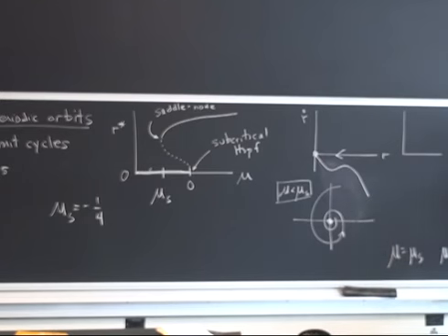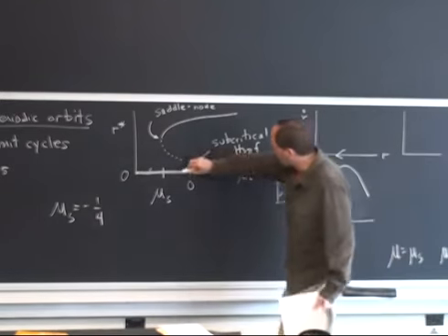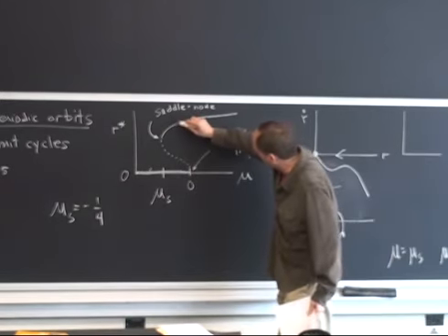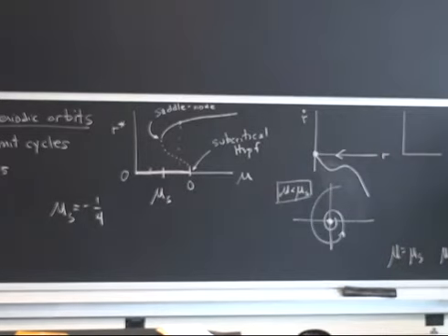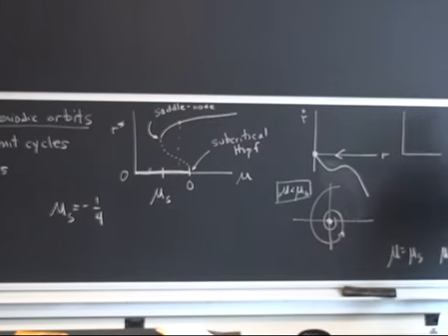The reason for that is I want to have this stable cycle existing up here, in this region. So in this region, where mu is between mu s and 0, we have a big stable cycle.